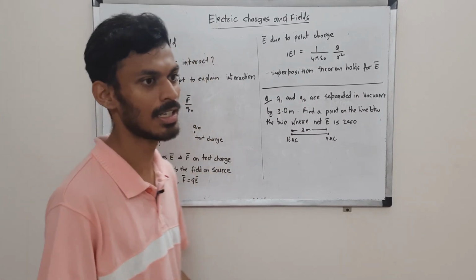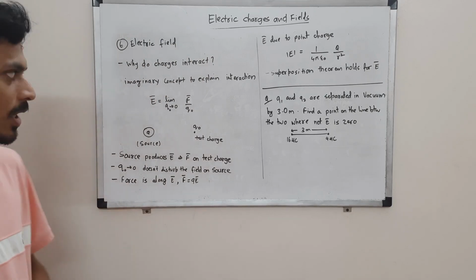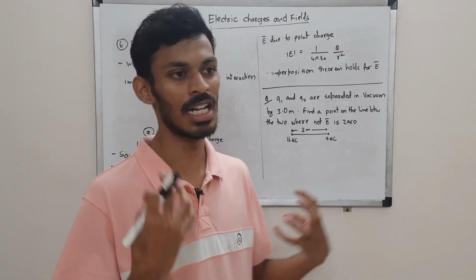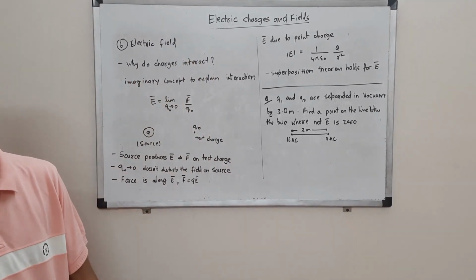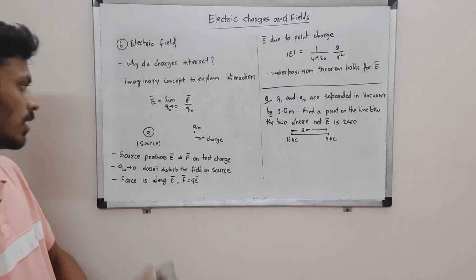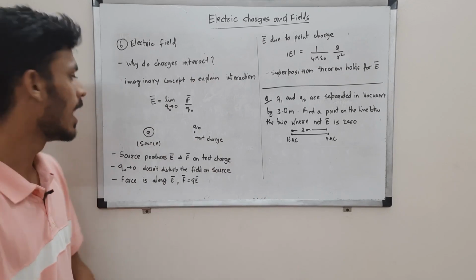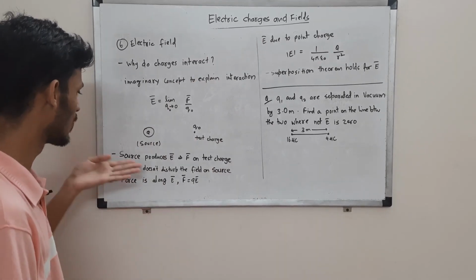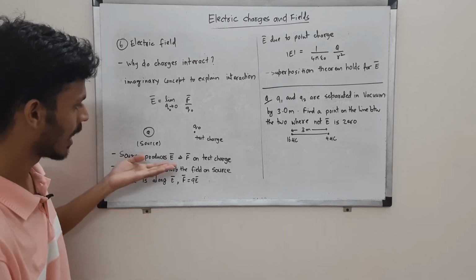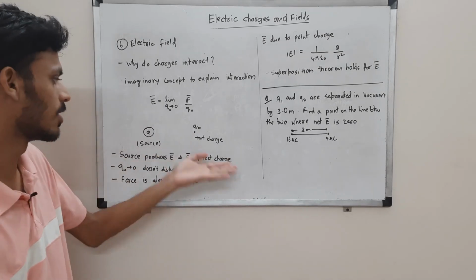That is the reason for the interaction between these two, the reason why one charge is exerting a force on the other. So this electric field, as I told you, is an imaginary concept to explain this interaction. Long story short, the sources produce an electric field.